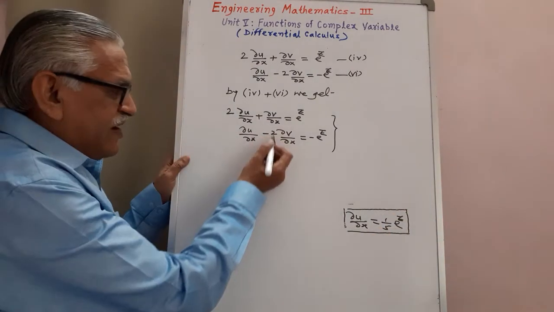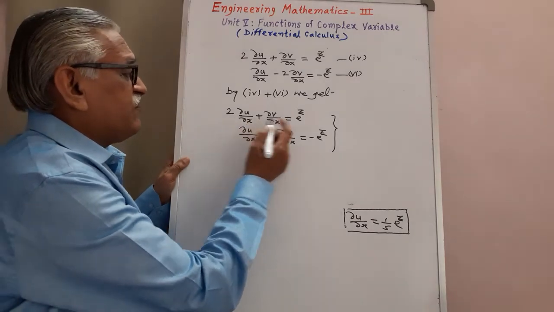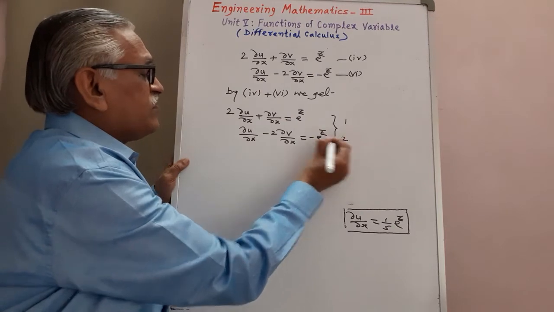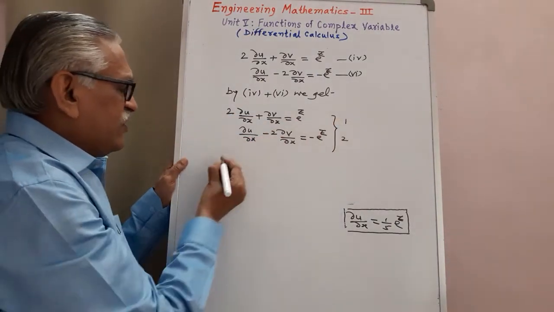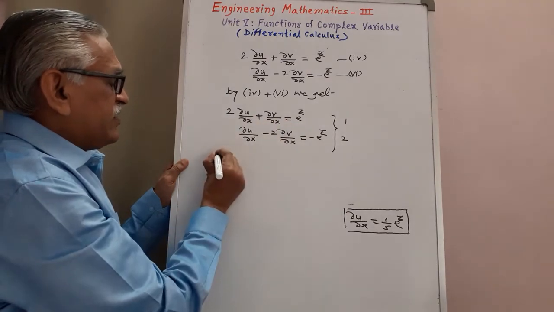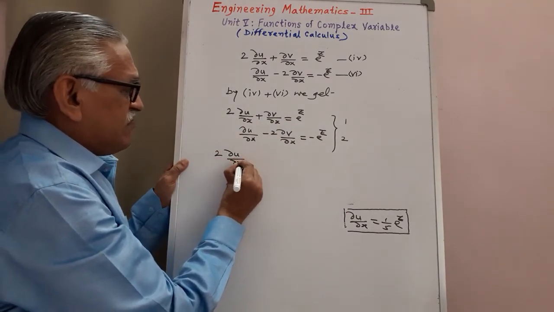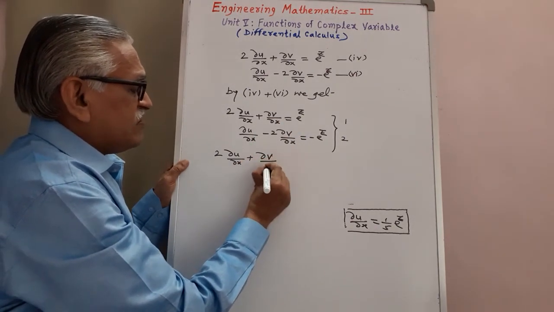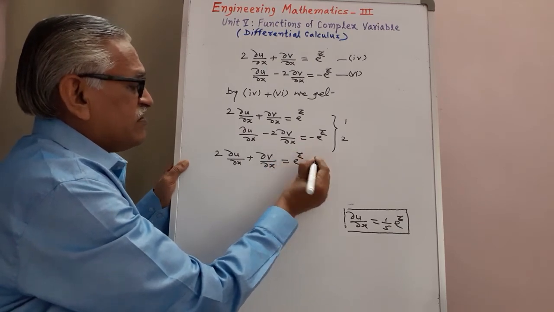Now we get the value of ∂v/∂x. We have to multiply the first equation by 1 and the second by 2, the coefficient of ∂u/∂x, to eliminate that ∂u/∂x. When we perform this, we get the equation 2 times ∂u/∂x plus 1 times ∂v/∂x is equal to e^z.